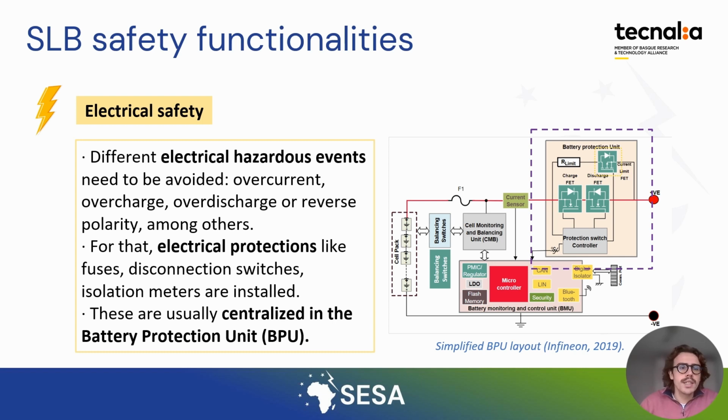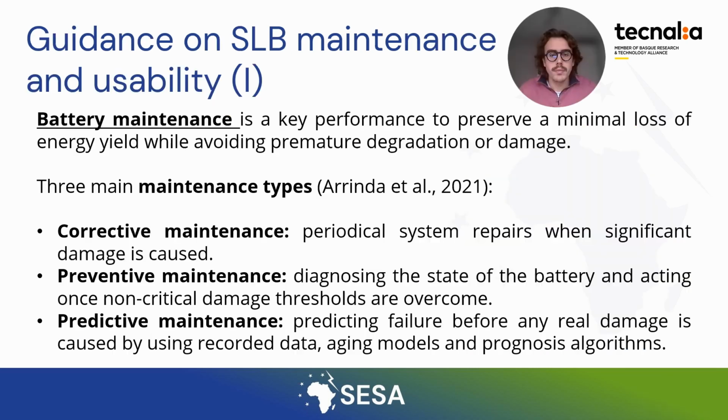For that, different electrical protection devices like fuses, disconnection switches, and isolation meters are installed in the battery. As you can see in figure 3, all these electrical protection devices are usually centralized into a same box or a same system element that is named battery protection unit.